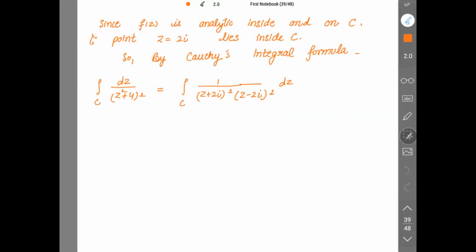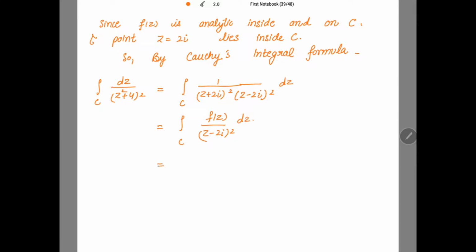So since f(z) is analytic inside and on C, and the point z equal to 2 iota lies inside C, so by Cauchy's integral formula, my integral is equal to this, and what I have taken my f(z) to be equal to, that is 1 over z plus 2 iota whole square. So this is your f(z) over z minus 2 iota whole square.